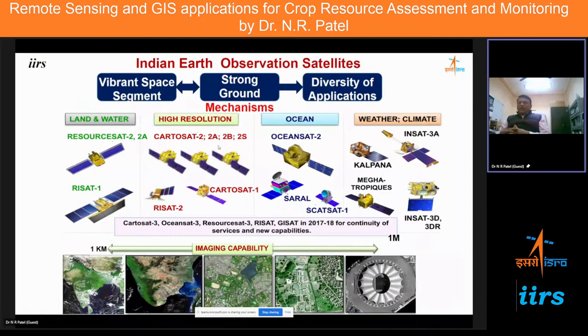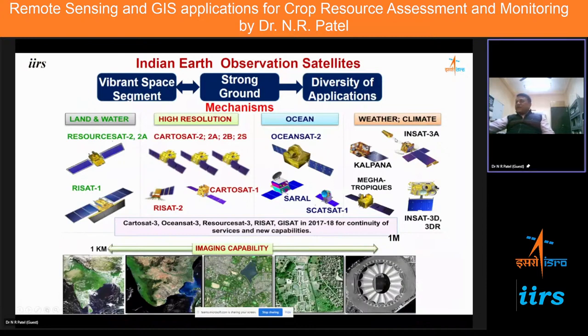DEM is very much important for soil terrain mapping. Similarly, third is the Oceansat satellite. Oceansat is mainly useful for the ocean, but at the same time it provides some information like the ocean color monitor, which helps to provide NDVI, normalized difference vegetation index, which is very much useful for vegetation monitoring.